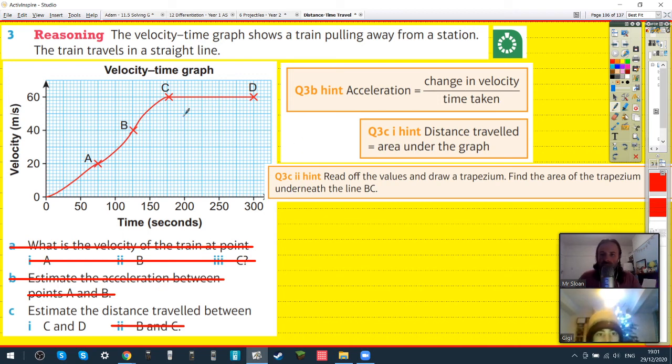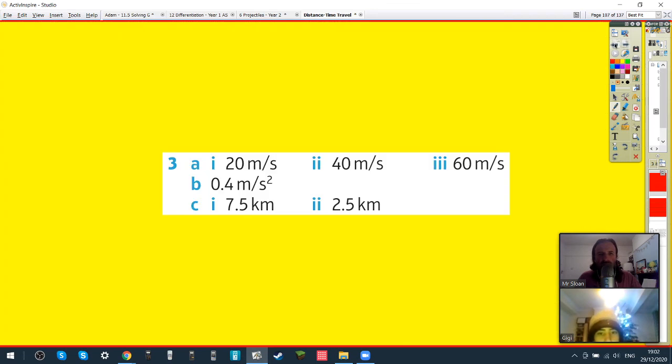What was working out? 60 times 125. Yeah. 60 times 125. I thought it was 2,400. What did you say it was? 7,500? Yeah, meters or 7.5 kilometers. You're right.